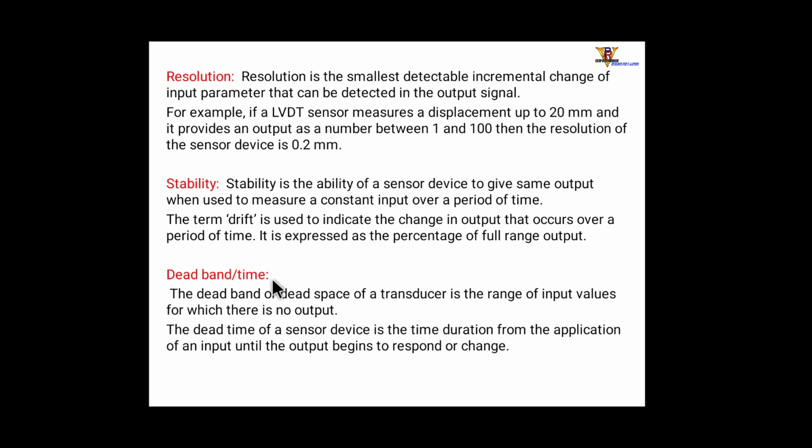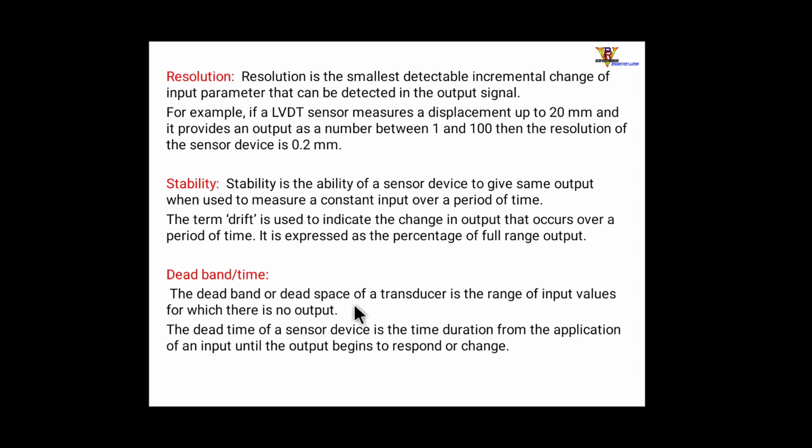The next specification is dead band or dead time. So what is the meaning of dead band and dead time? The dead band or dead space of a transducer is the range of input values for which there is no output.